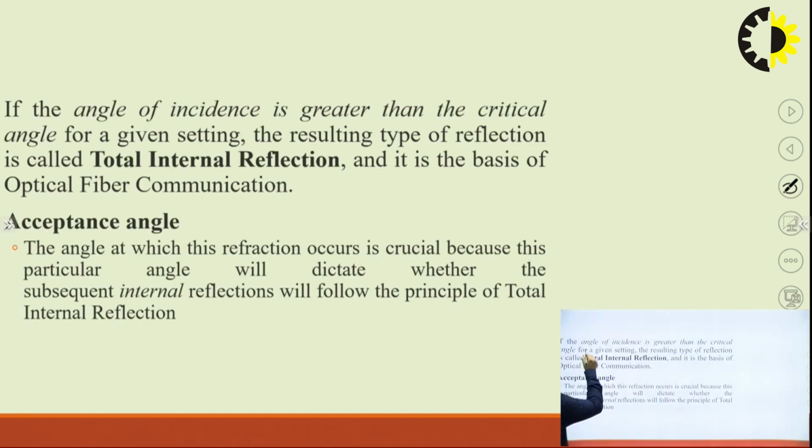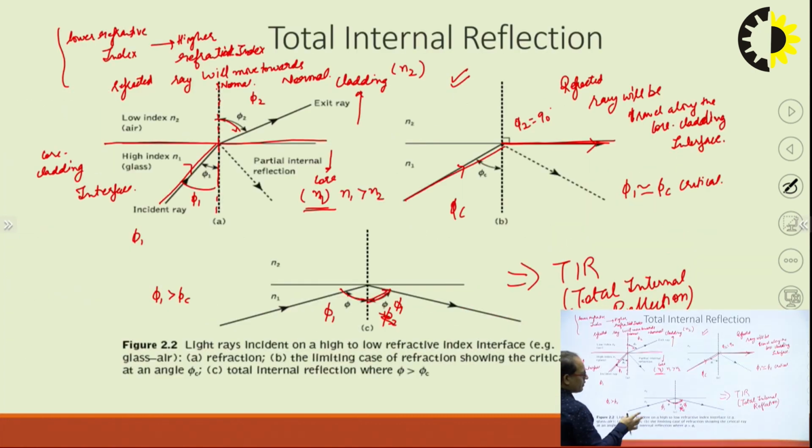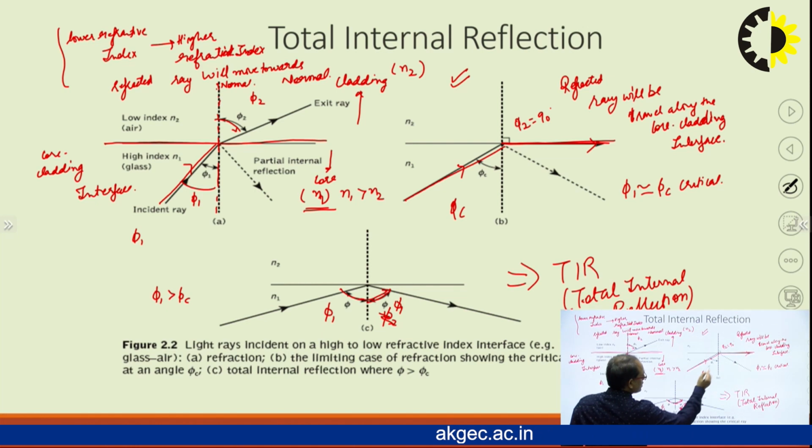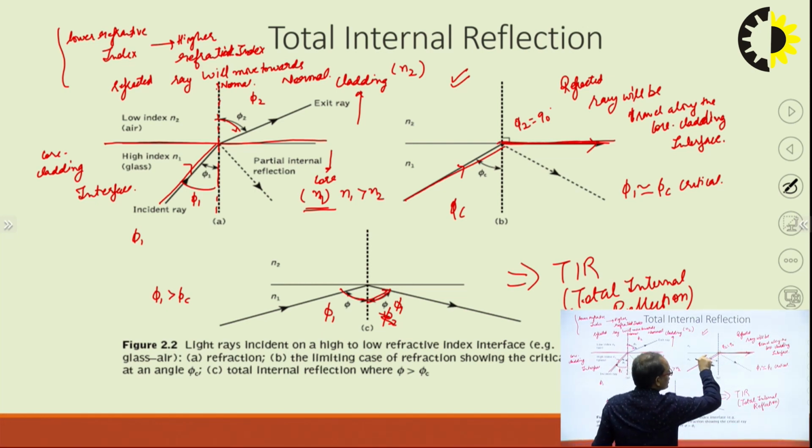Now if I further increase the incident angle, which I have already told you from this figure, slightly greater than the critical angle, then the ray which was earlier parallel to the core cladding interface will get reflected back into the same medium.